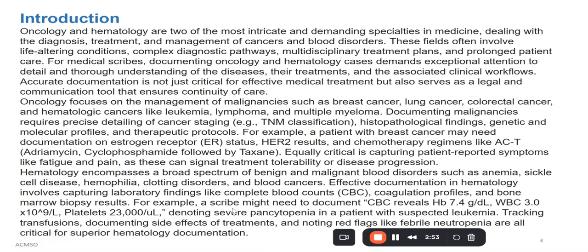For instance, a scribe might need to document: CBC reveals Hb (hemoglobin) 7.4 g/dL, WBC (white blood cell) 3 times 10 to the power 9 per L, platelets 23,000 per uL, denoting severe pancytopenia in a patient with suspected leukemia.